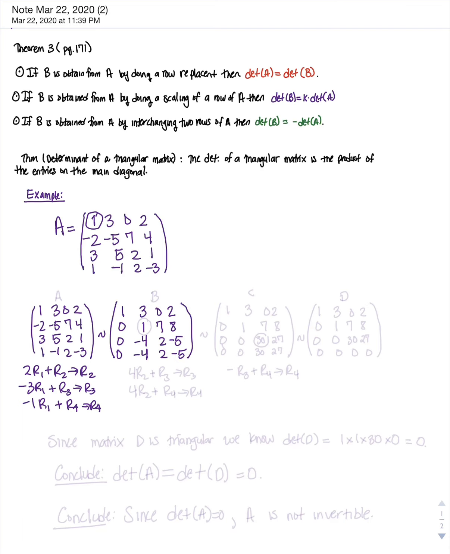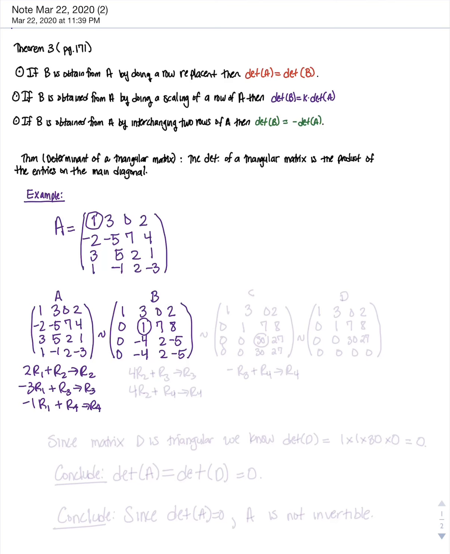Now, in this step, because we only used row operations to go from our matrix A to this new matrix B, these two matrices will have the same determinant. Now our matrix B is not triangular yet, so we'll do another row replacement. We have a pivot at that 1, so we can get zeros underneath it.